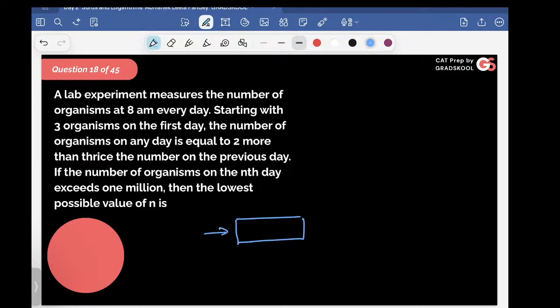If x goes inside, what comes outside? 3x plus 2 comes outside. Is that right? Do you understand that? Yes or no? Is that cool?